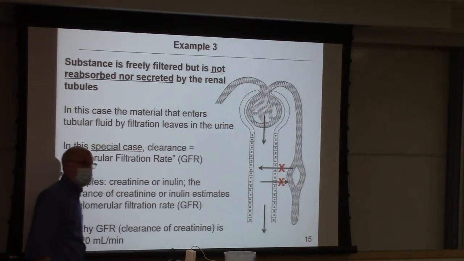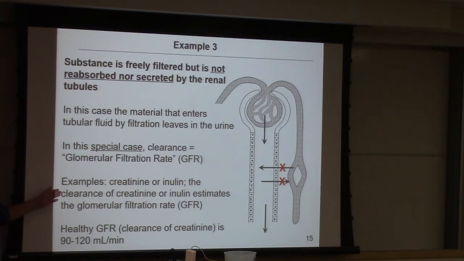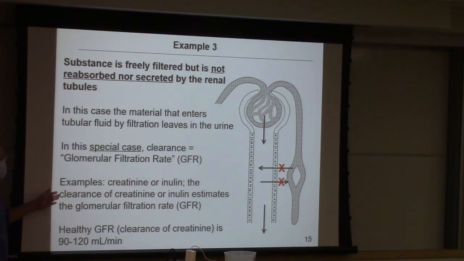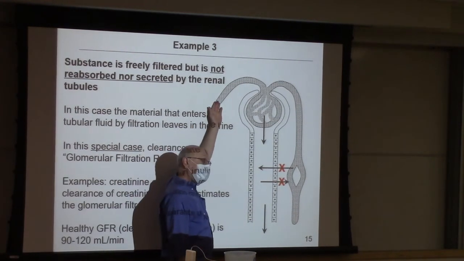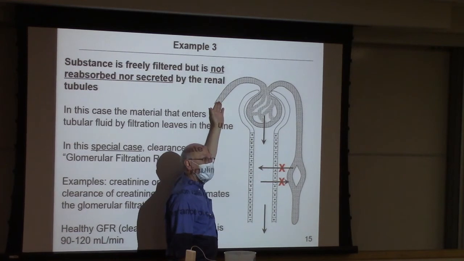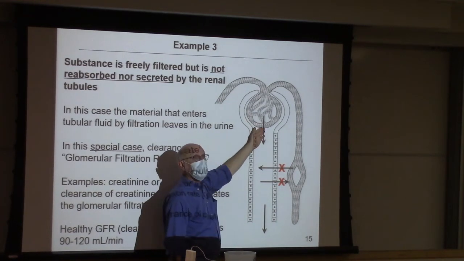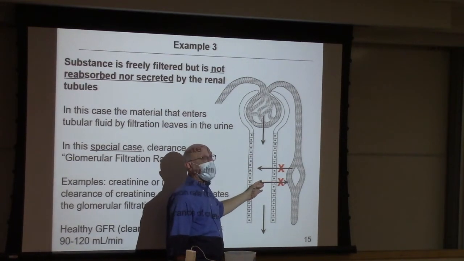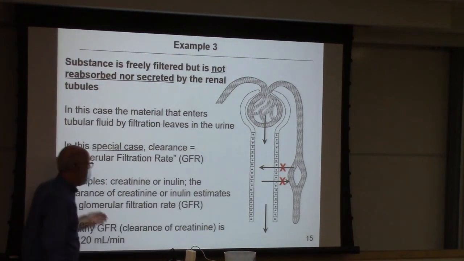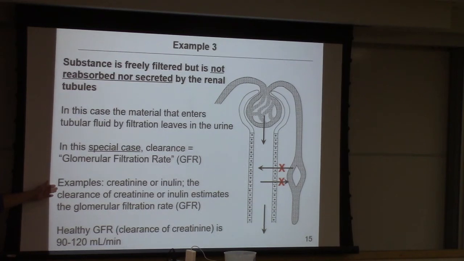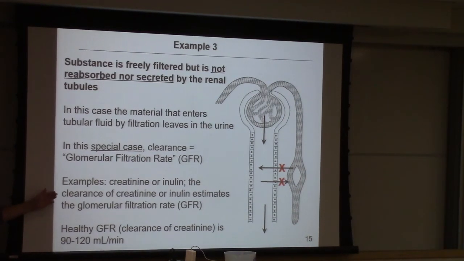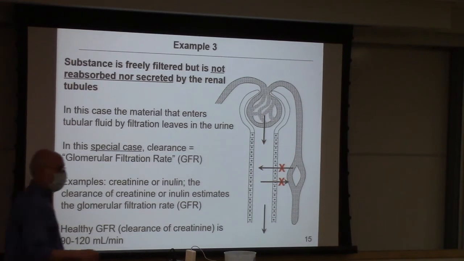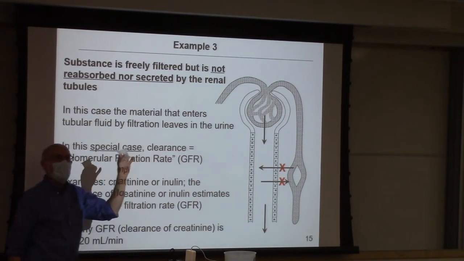Creatinine clearance is a pretty good estimate of the glomerular filtration rate because it is in the blood naturally. We don't have to inject it. It is freely filtered. It's small enough to be filtered, and it is hardly processed at all. So creatinine clearance is a good measure of glomerular filtration rate, and here's the normal value, 100 or so mils per minute.